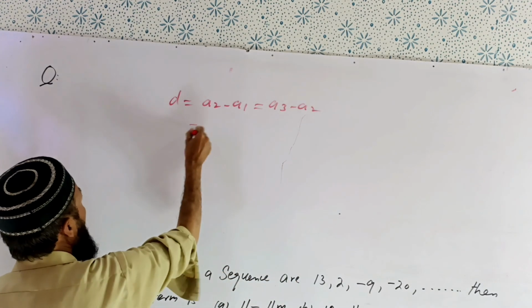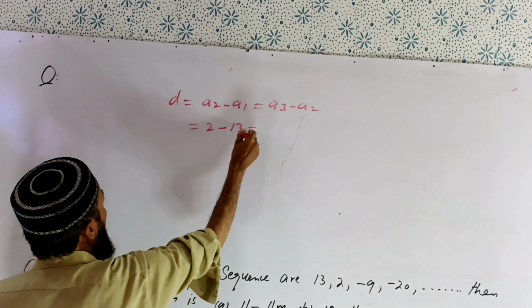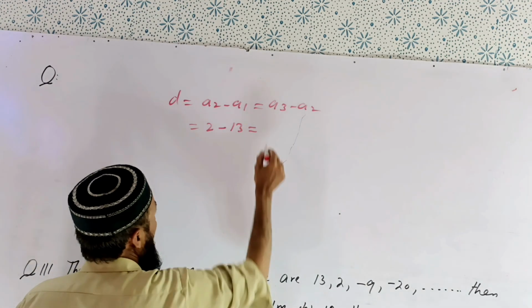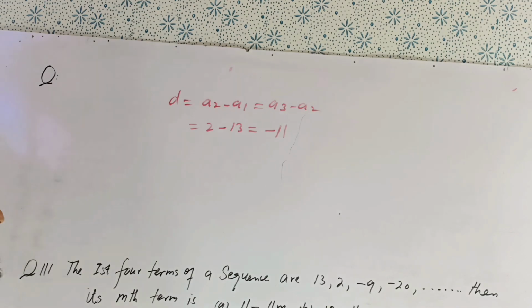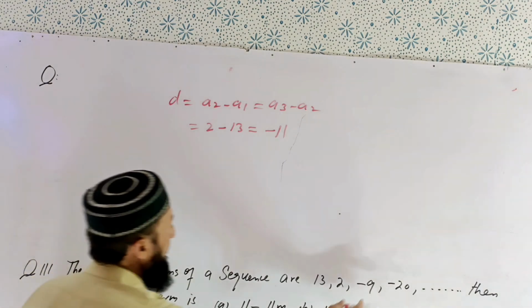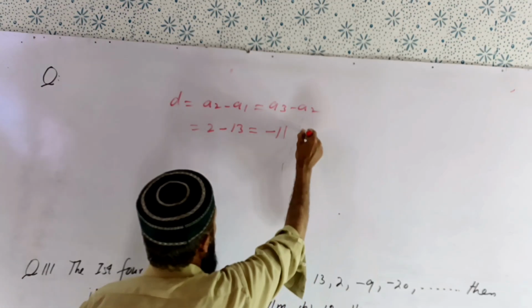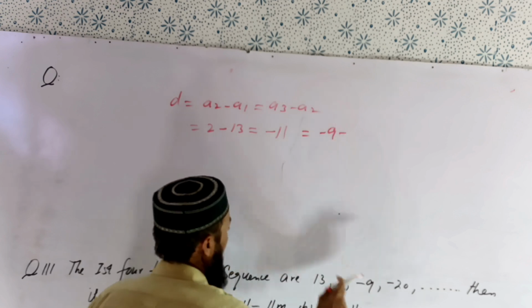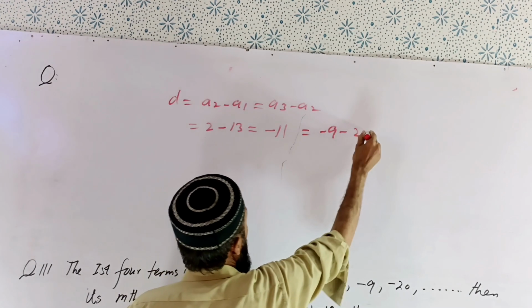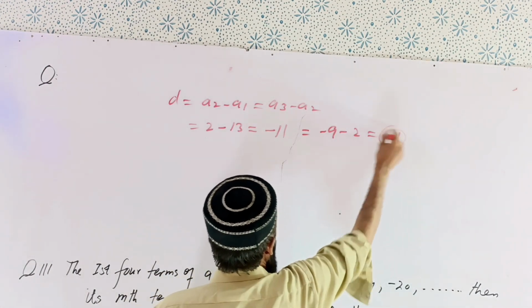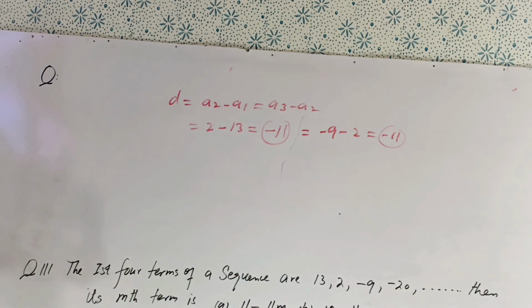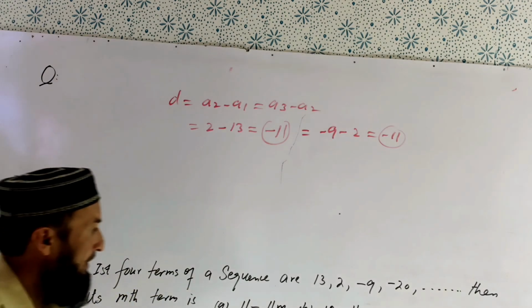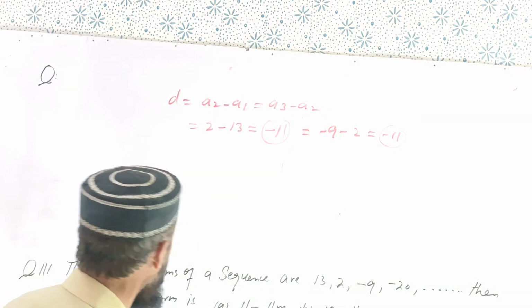Here 2 minus 13, we get minus 11. Similarly, if we find minus 9 minus 2, we get minus 11. Minus 11 is the same. The common difference must be the same, otherwise it is not an arithmetic progression.